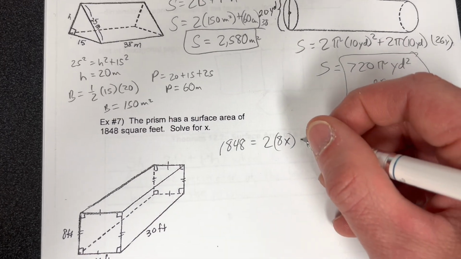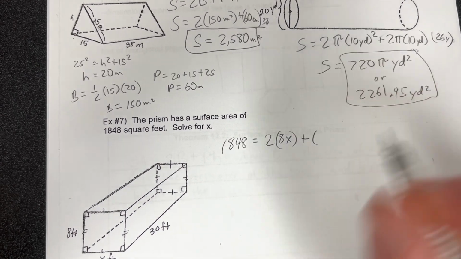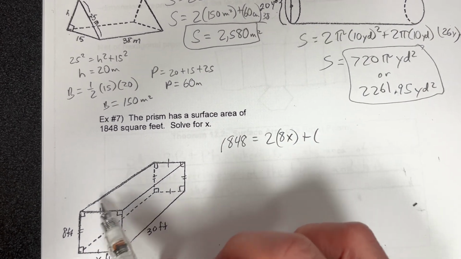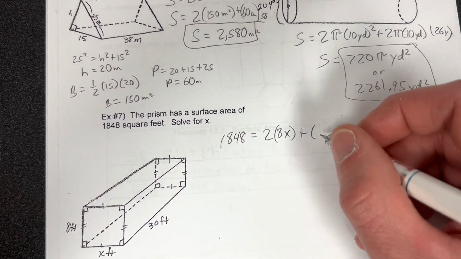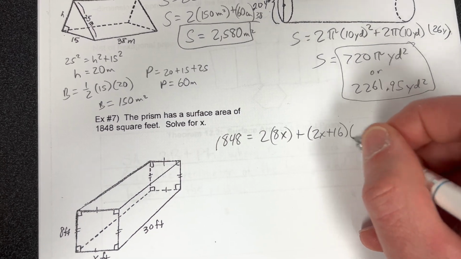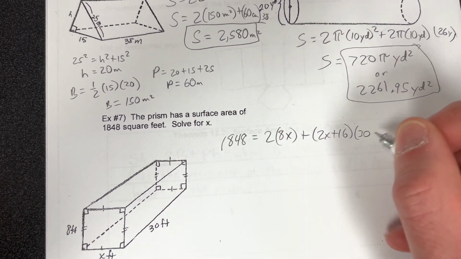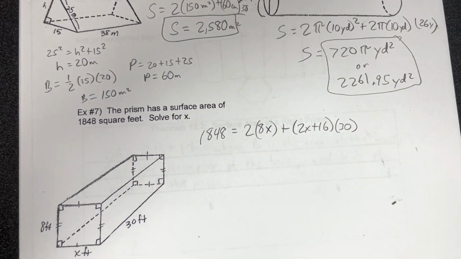And then plus the perimeter. So if that's x, this is x, 8, 8. So it'd be 2x plus 16 times the height of this thing, which is 30. And we've got ourselves an algebra problem.